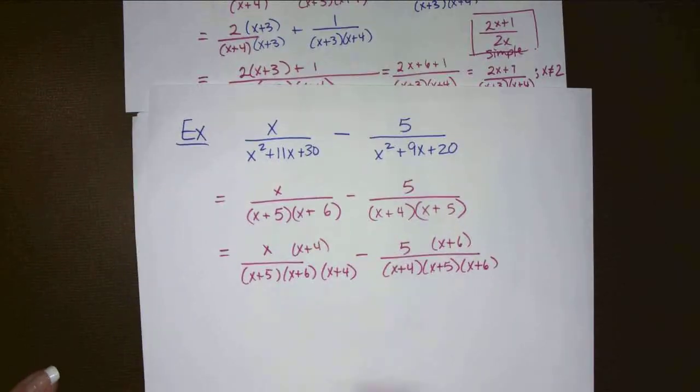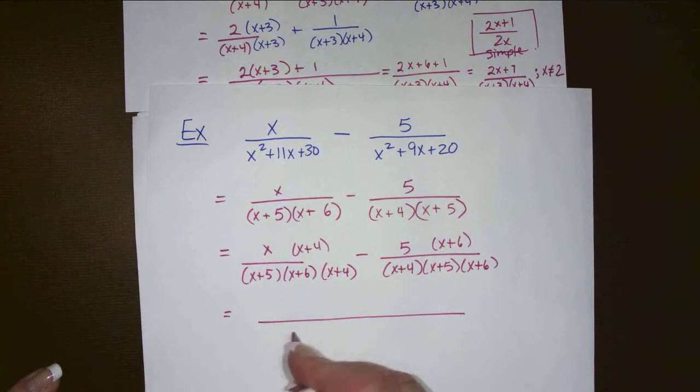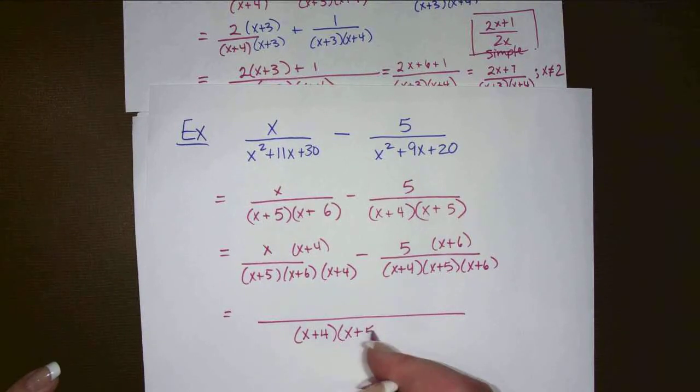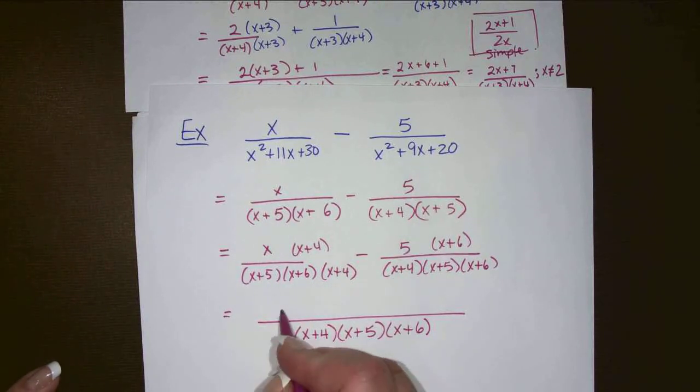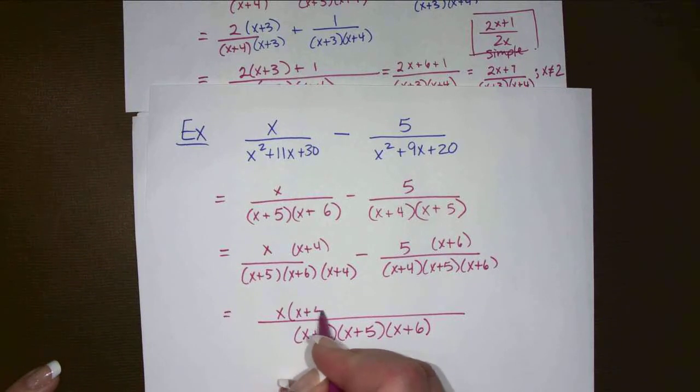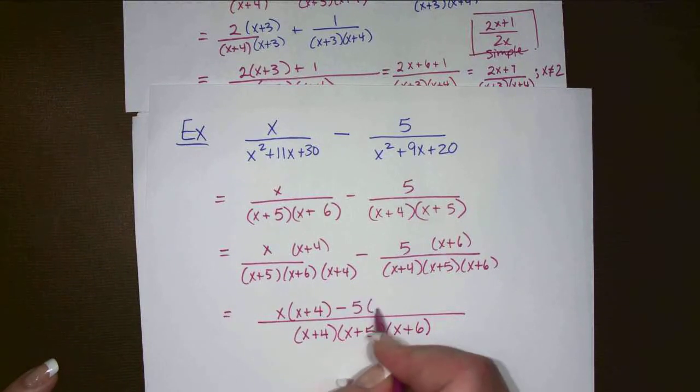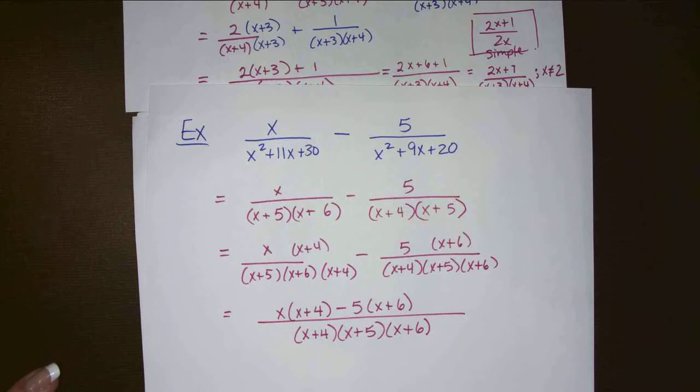We can write that as one big fraction in whatever order you want them to be. I'm going to put them in numerical order. Put the top all together with that minus sign in between. We have no restriction yet. We didn't cancel anything out yet.